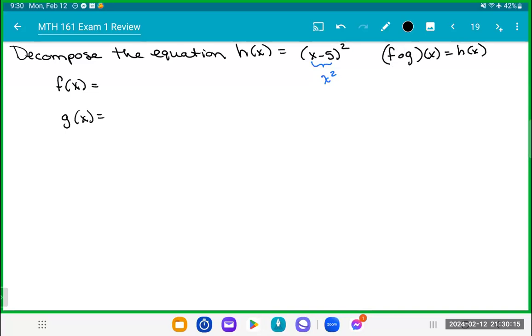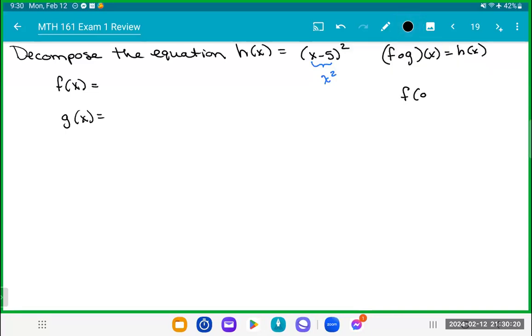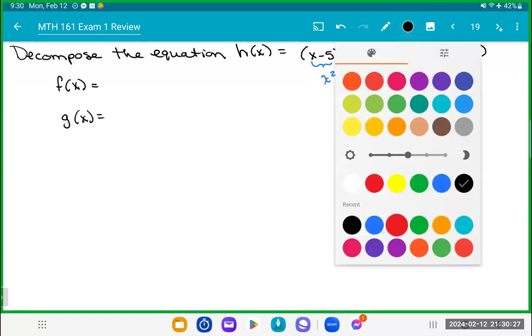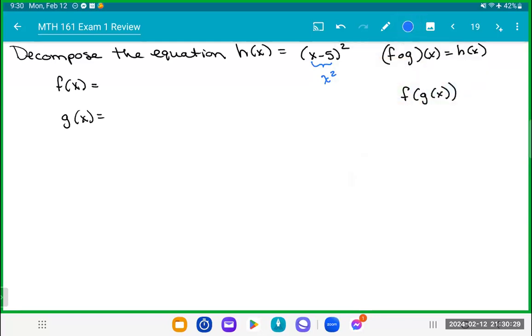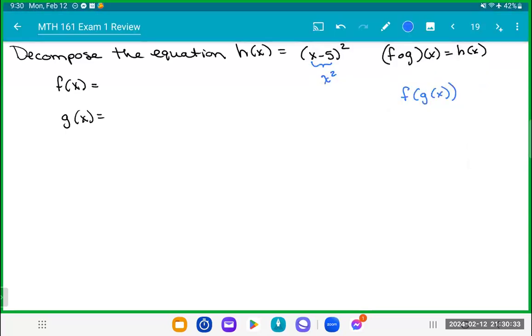And so when I do that, then that's really just saying my f of my g function. So I've substituted g into f. Therefore, my f function is going to be the x squared, and my g function is going to be what I plugged into it, which was x minus 5. So not a lot of work needed for this problem here.